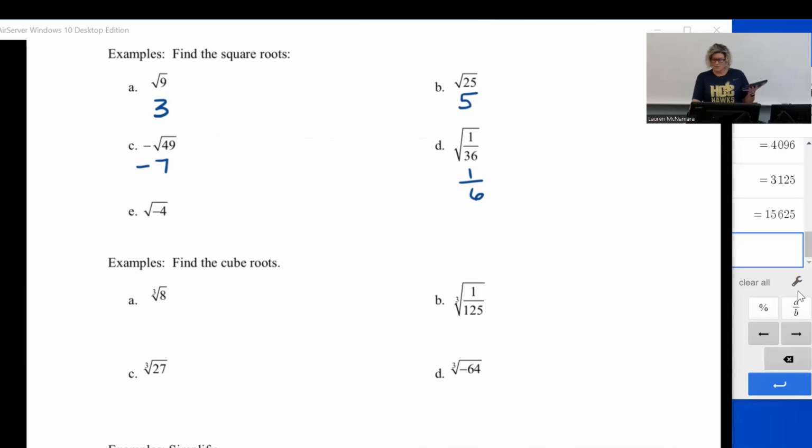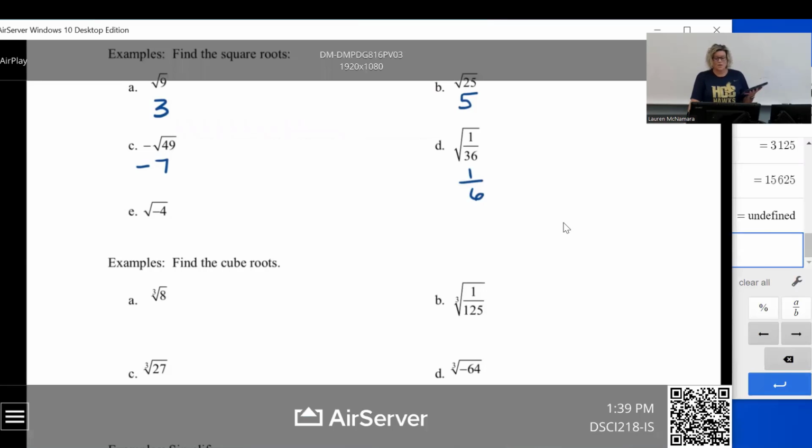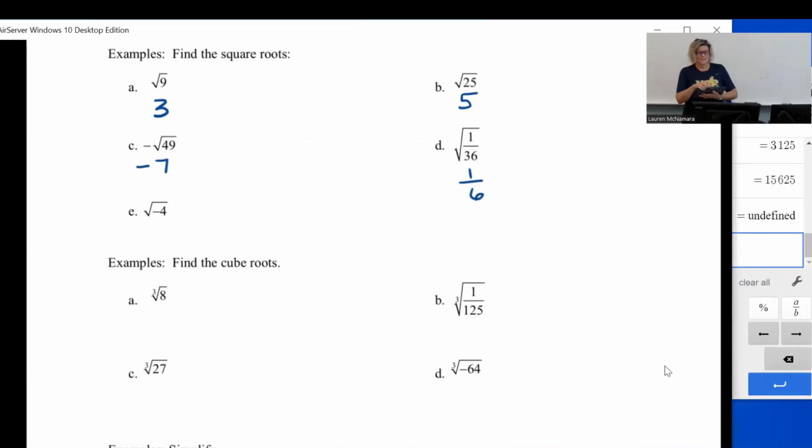Looking at our Desmos calculator, I'm going to take the square root of negative 4. It says it's undefined. That's because it's not a real number. So I'm going to go ahead and say it's not a real number. Sometimes, what do we write in the homework? We write does not exist.